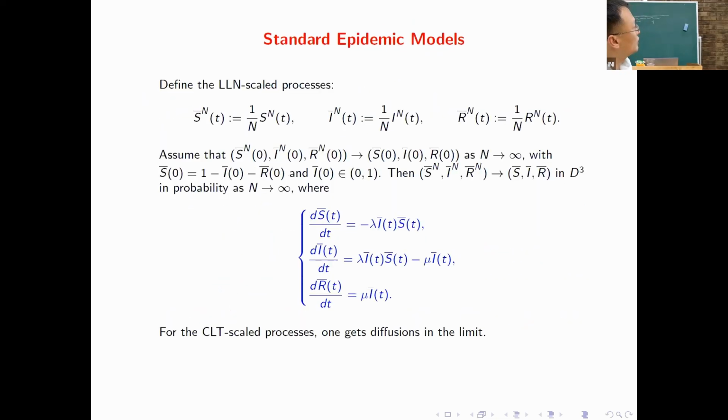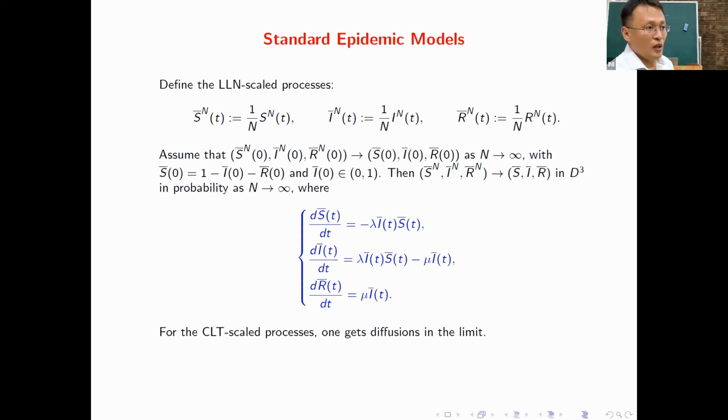Because we let the population size go to infinity, for a large number we scale down the processes by the population size n, and then we get the standard compartment model, the ODE model. S is a decreasing function with rate lambda times I S, and I is the infection rate minus the recovery rate. So this is the very standard ODE model.